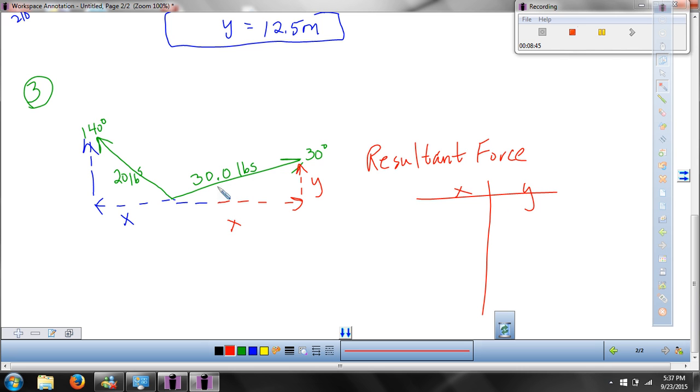If this is a bearing of 30, that angle is 30. So this x is going to be cosine of 30 degrees times 30 pounds. This y is going to be the sine of 30 degrees times 30 pounds.